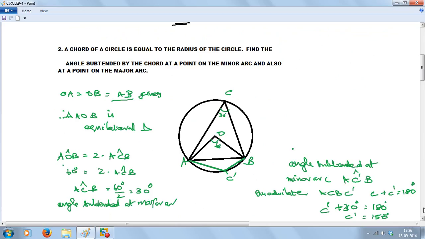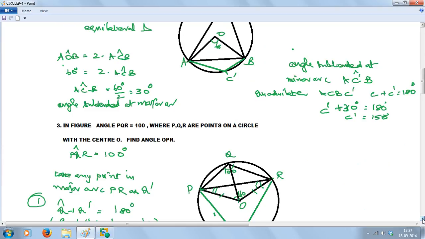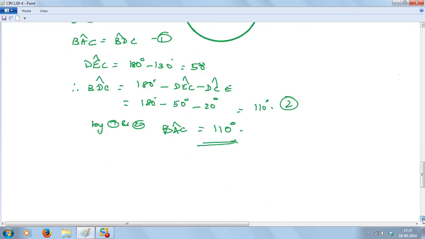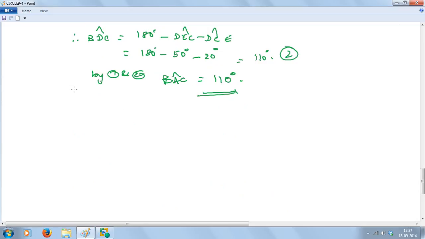If we know one angle, we can find the complementary angle, the supplementary angle, or double the angle at the center, or we use the same chord subtending the same angle, or the cyclic quadrilateral. We apply one of these points and we get the answer. The angle subtended by the chord is the same on the same side of the segment. One of these theorems will get us the required answer. If we are not able to get it, please read the theorems again.